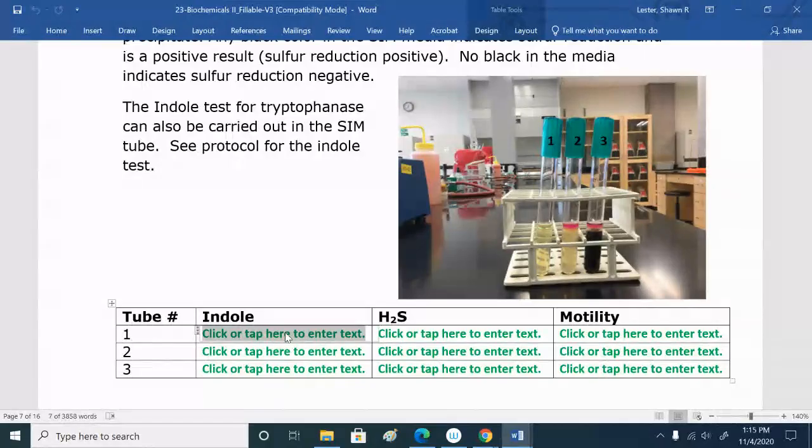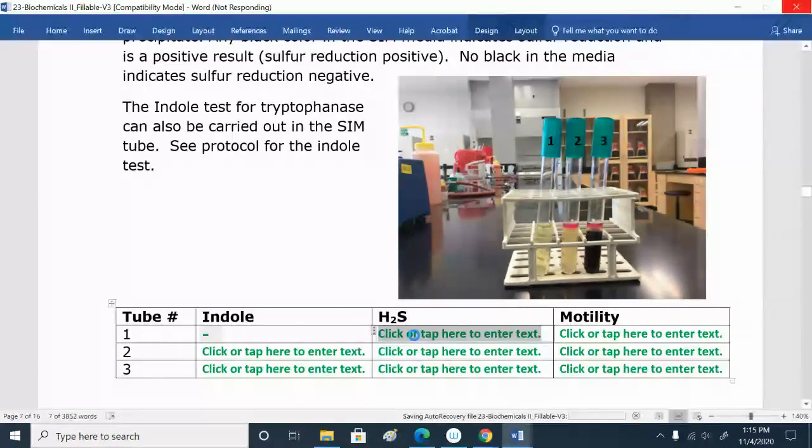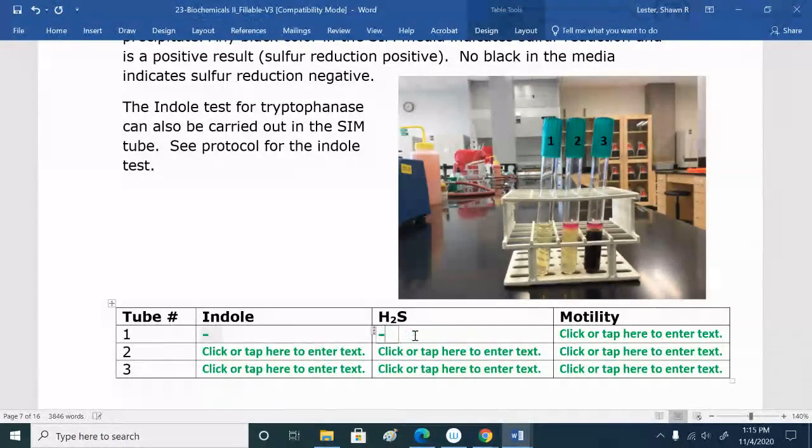Negative, right? What about for H2S in tube 1? Is there any black? Negative as well. And for motility, look at the agar in tube 1. Notice how you can kind of see through it and see the test tube rack behind it. So since the agar is clear, it's negative for motility as well, right?